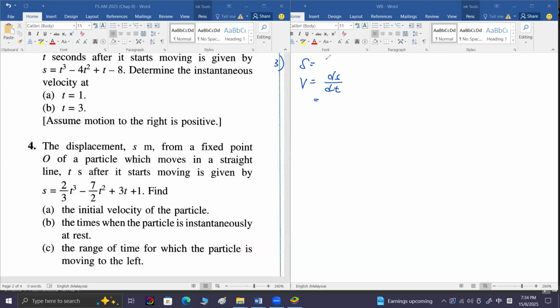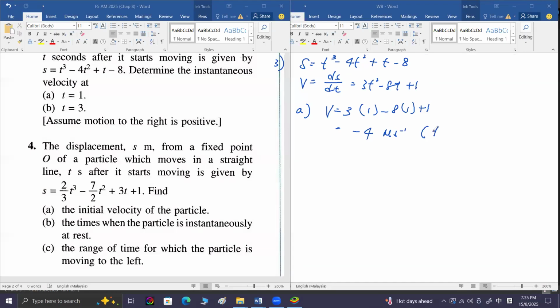Okay, I show you one of it now, see? So I got 3t squared minus 8t plus 1. And so for section A, when t is 1, 3 minus 8 plus 1, I got negative 4.